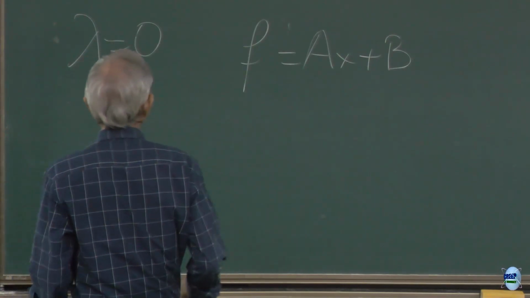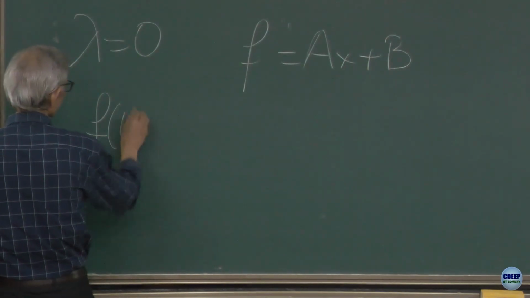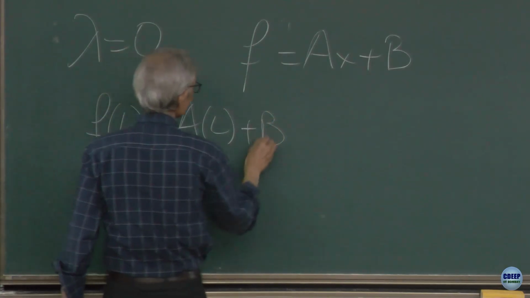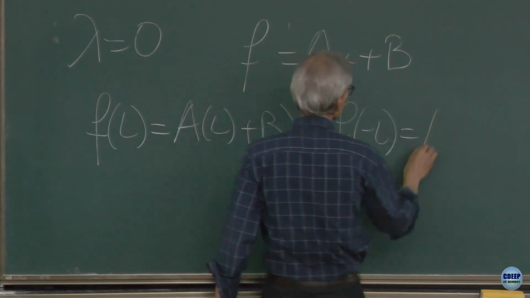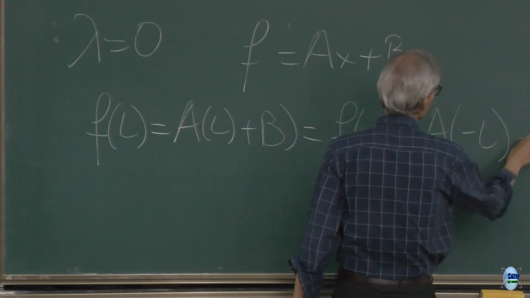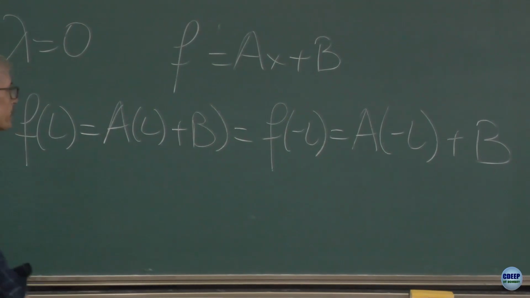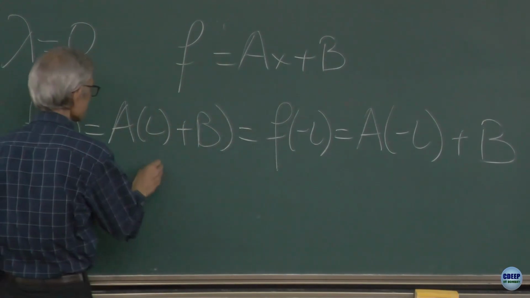If f of L is equal to f of minus L, so aL plus b is equal to a times minus L plus b, then it's very clear that a is going to be equal to 0.